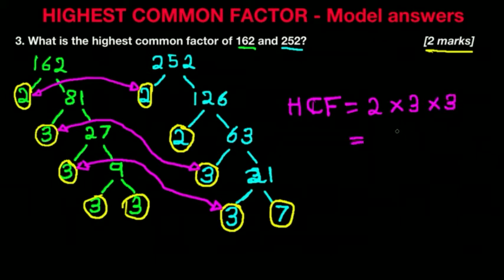So therefore the highest common factor is 2 times 3 is 6 times 3 is 18. So all the numbers we matched were 2, 3 and 3. So therefore the highest common factor of 162 and 252 is 18.